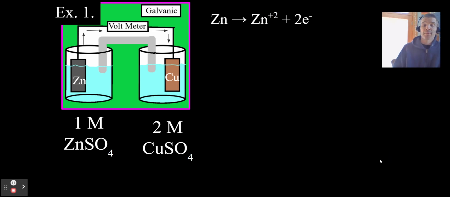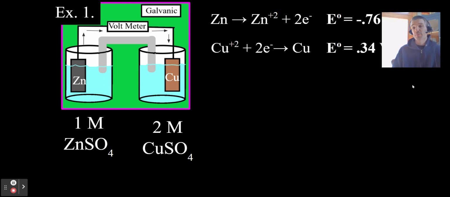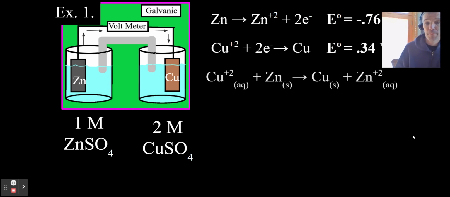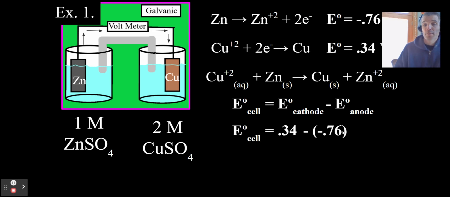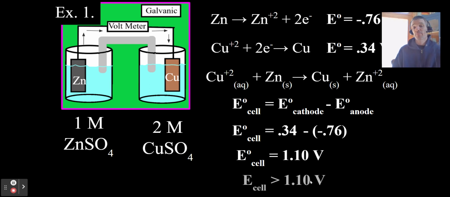Another way to think about it, if these are the actual reaction potentials, it's cathode minus anode. So these two things add up to 1.0. That means my cell potential would be greater than 1.0.